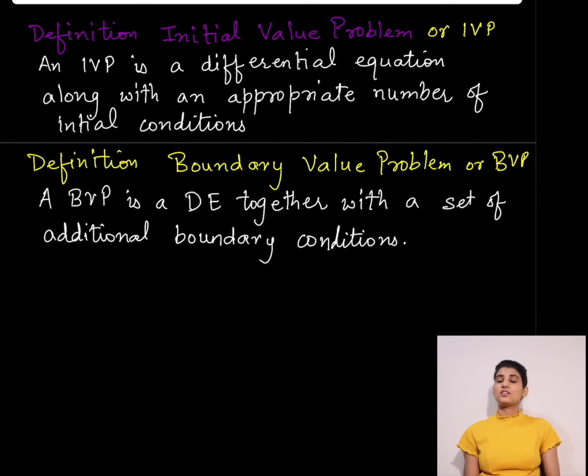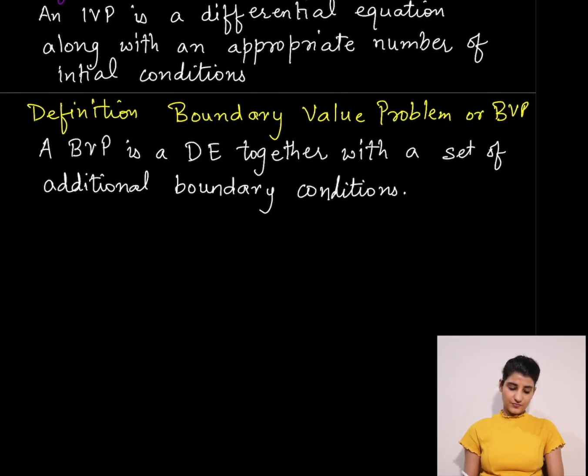So if we have a solution of boundary value problem, it means that solution will satisfy the differential equation along with the boundary condition. If we have a solution of initial value problem, the function is going to satisfy the differential equation along with those initial conditions.